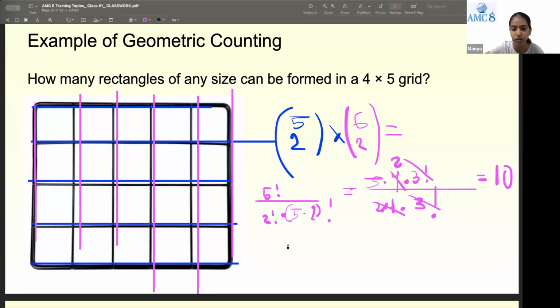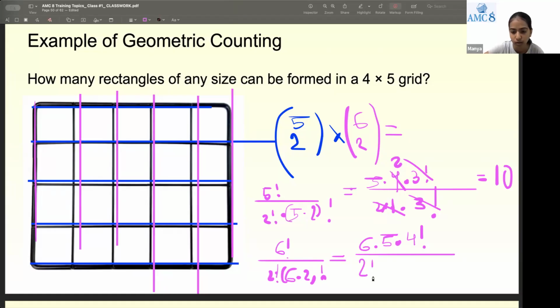The answer for 6 choose 2, we would just do 6 factorial divided by 2 factorial times 6 minus 2 factorial, which is equal to 6 times 5 times 4 factorial divided by 2 factorial times 4 factorial.